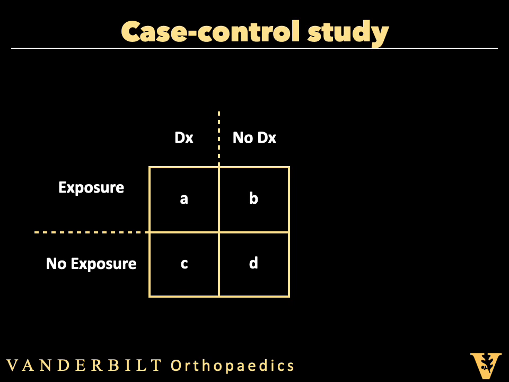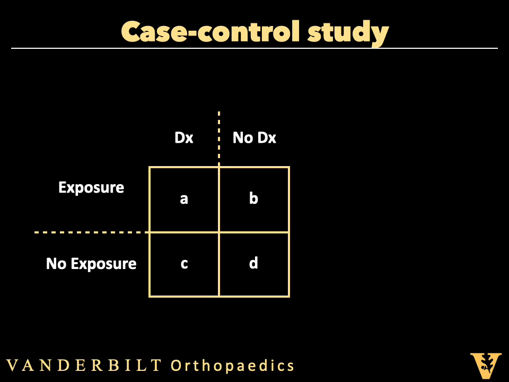I'm going to jump into something that's important for our journal club, and that's case control studies. Now, these exist in both observational and cross-sectional studies. And for observational, you're going to look back and see if someone had an exposure in the past that progressed over time.